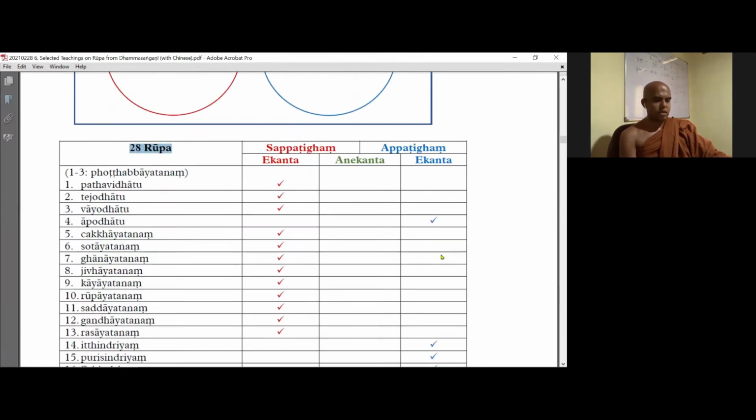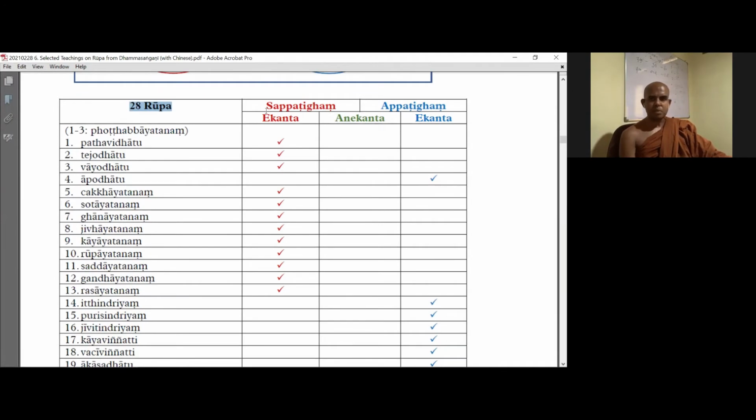Now that there are 28 rupa also, we make according to the chart. How many sappatigha rupa? There are 12. And how many appatigha rupa? There are 16.